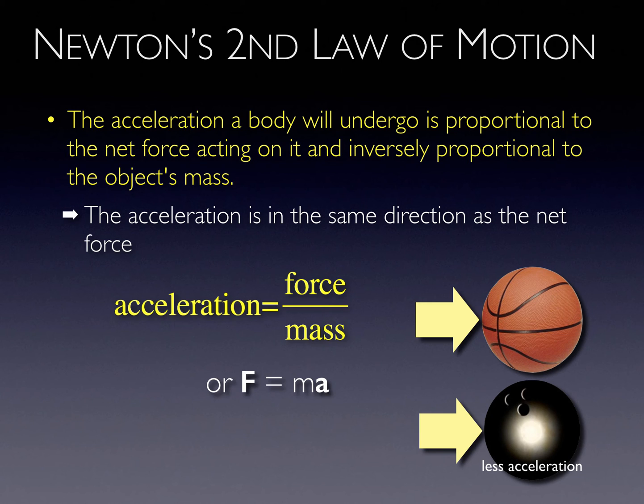Tripling the force will triple the acceleration, etc. The acceleration is inversely proportional to the object's mass. Thus, for a given force, an object with twice the mass will undergo only half the acceleration. An object with 3 times the mass will undergo 1/3 of the acceleration, etc. The direction of the acceleration is always in the direction of the net force.